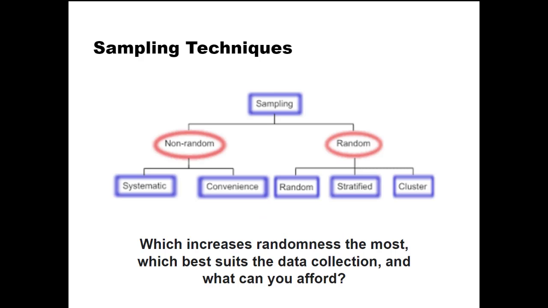Another way to decrease error in your study is to select the appropriate sampling technique. As you're selecting your sampling technique, there are several factors to keep in mind. Factors to consider are which one of the sampling techniques will increase the amount of randomness in your study, which one best suits the data collection process, and which one is within your budget.